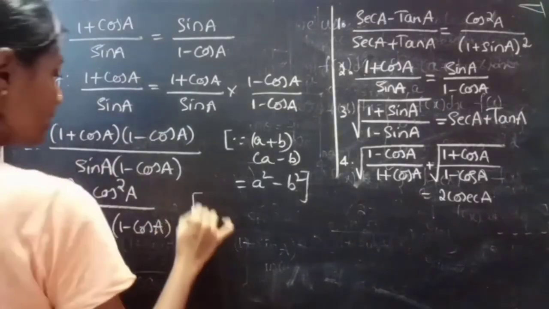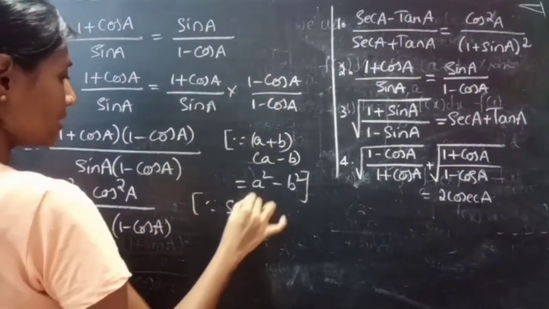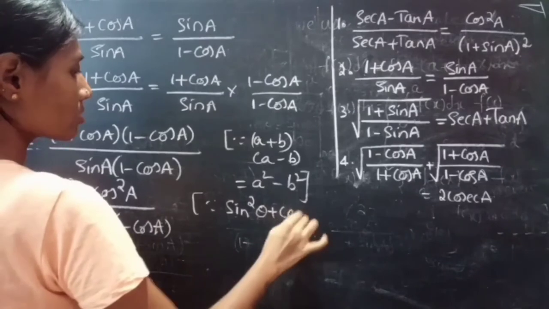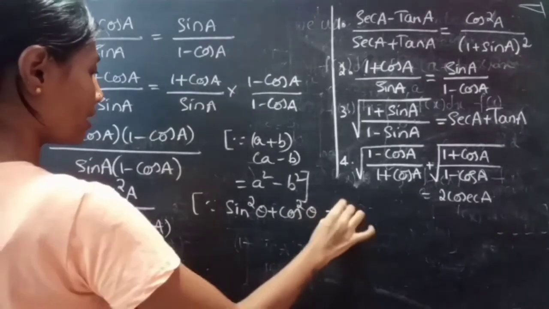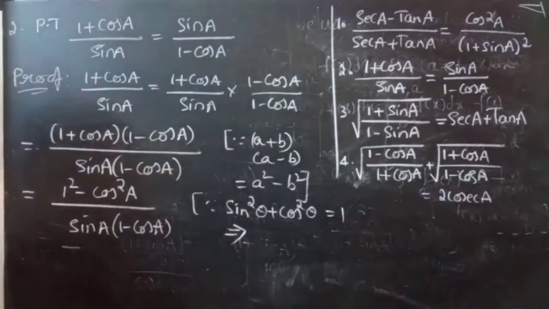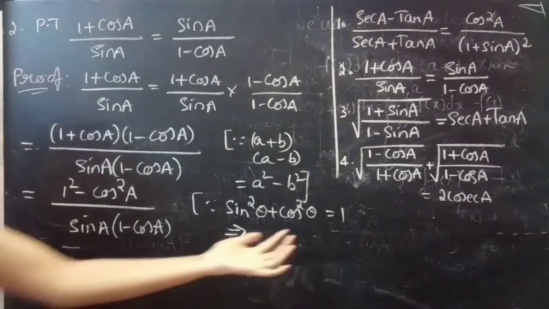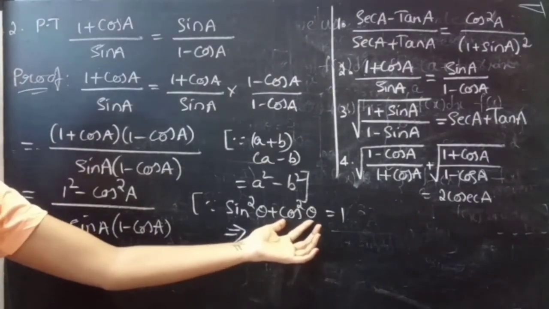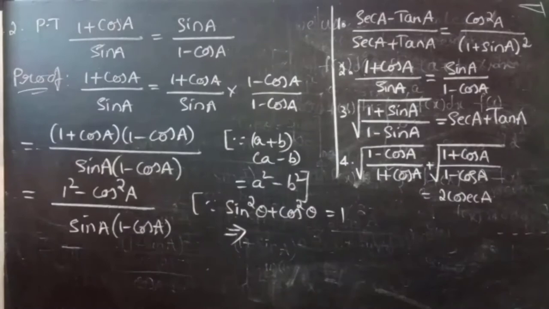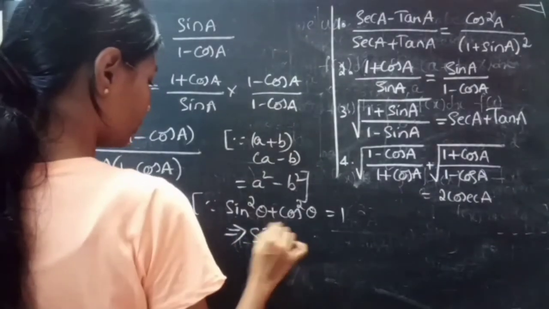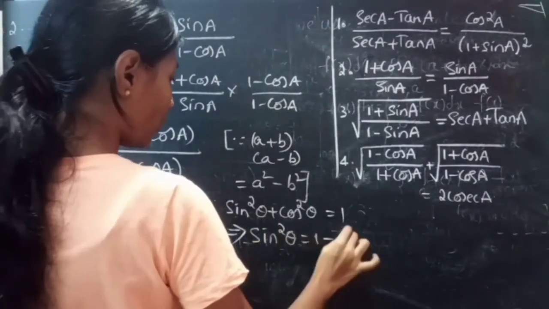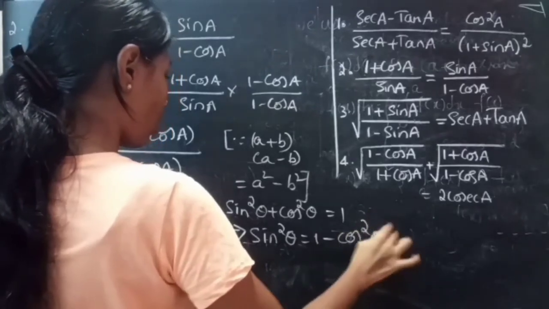Since you know that sine square theta plus cos square theta equals 1, if you take cos square theta to the right hand side, you'll get sine square theta equals 1 minus cos square theta.